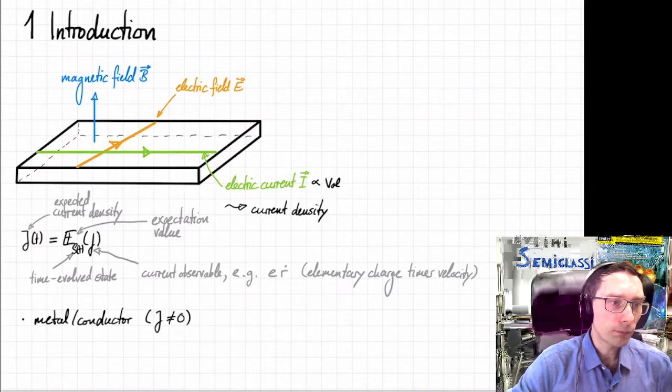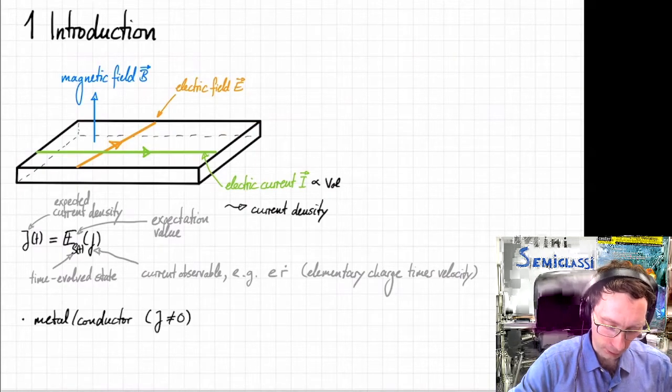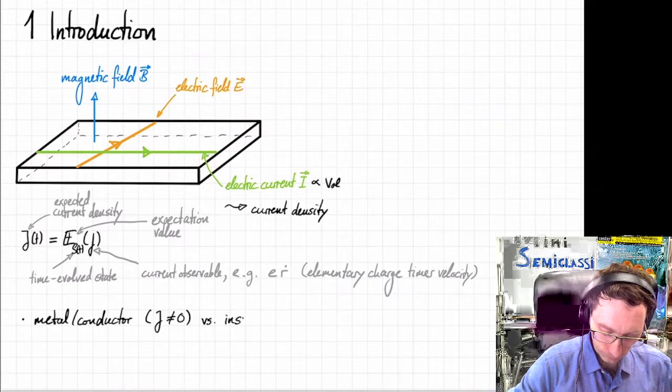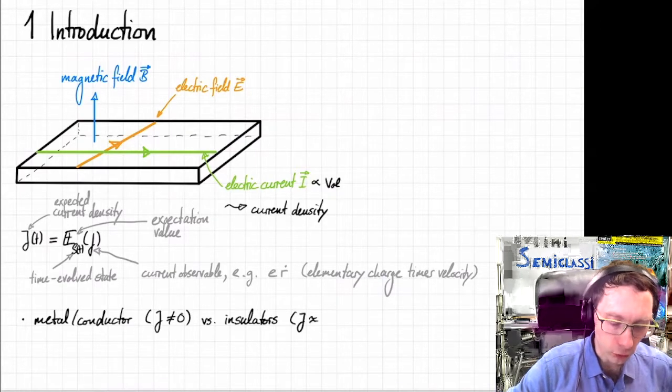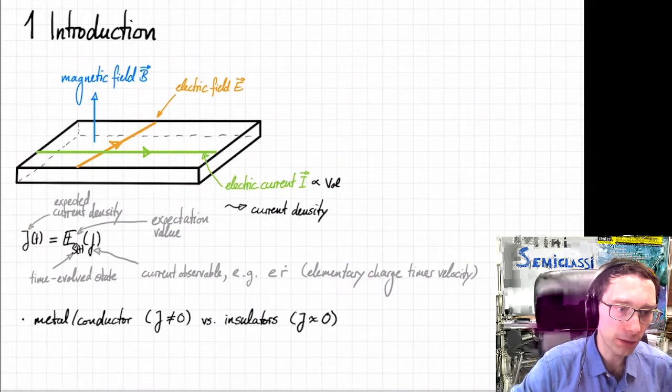And materials that do not conduct electricity very well are insulators. So here J is very, very small, mathematically speaking. It is 0.